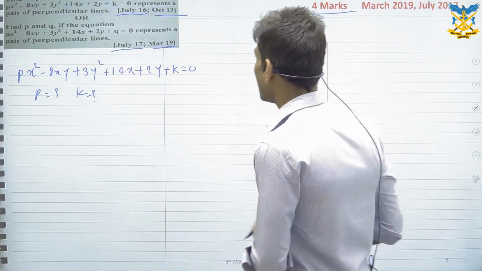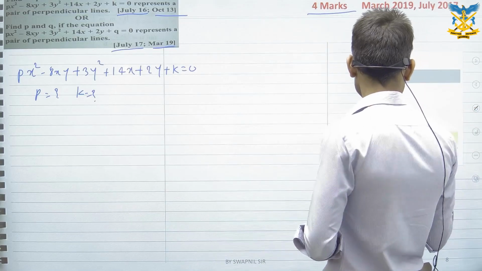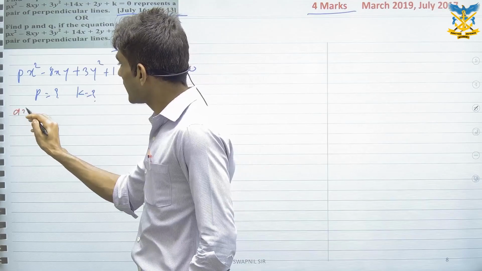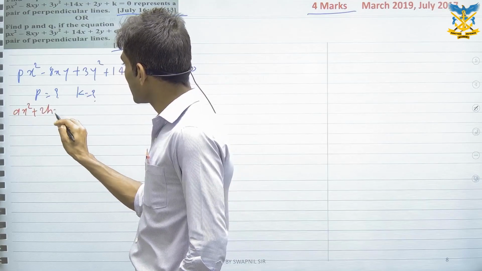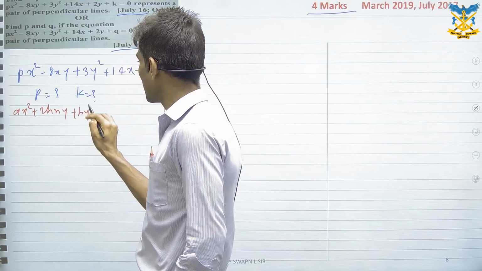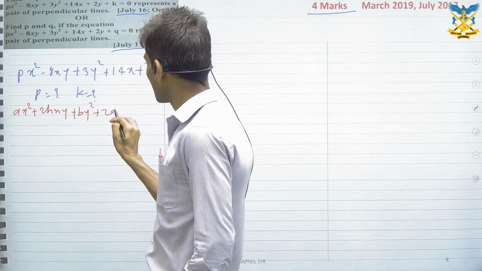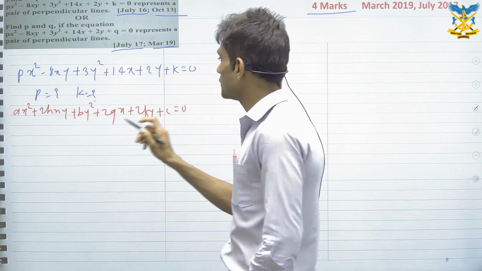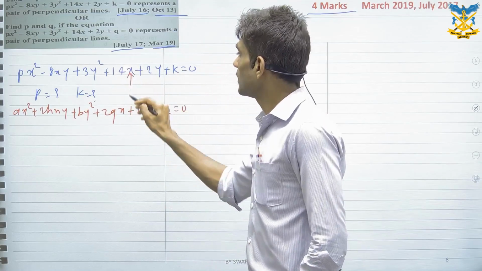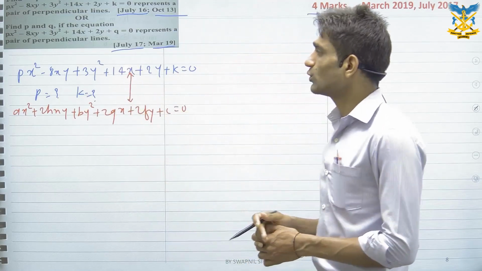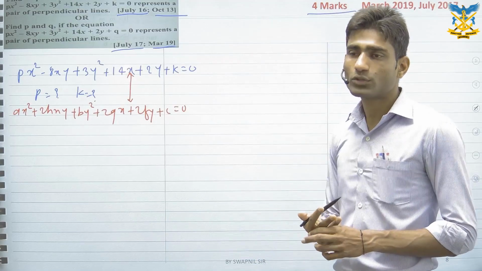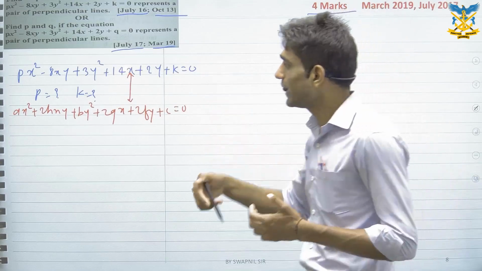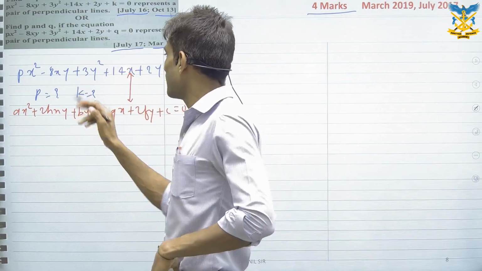Let's compare this first with the standard form of the equation, which says ax square plus twice of hxy plus by square plus twice of gx plus twice of fy plus c is equal to 0. Compare these two equations and find the values of the remaining variables.